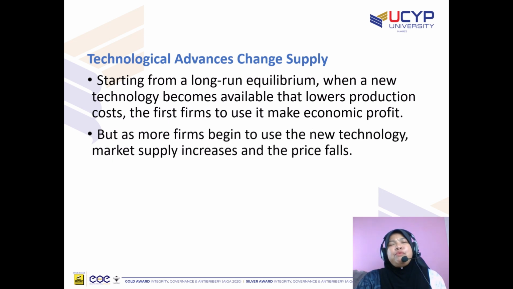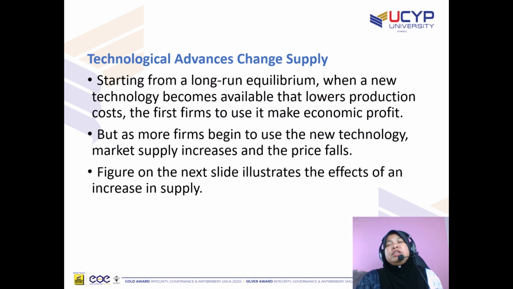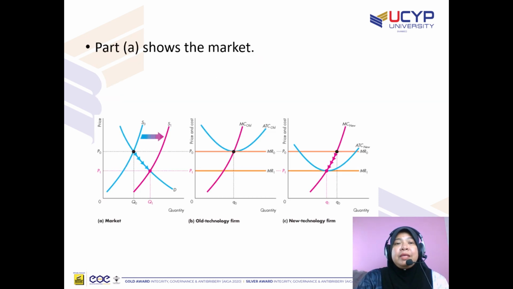But as more firms begin to use the new technology, market supply increases and the price falls. The figure on the next slide illustrates the effects of an increase in supply.